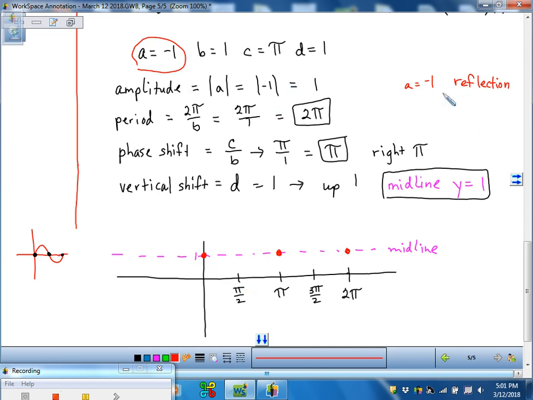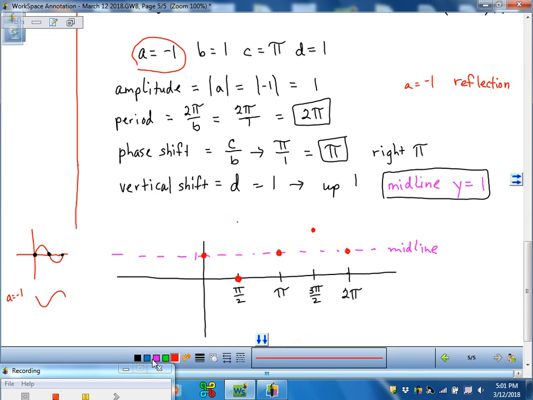So my first point is going to be down instead of up above for the amplitude. So I'm going down 1 for the amplitude, which means my next point that I'm going to put over here at 3 pi over 2 is going to be above. So this one's just kind of doing the backwards of the sine wave because it was reflected. That's what the -1 tells us to do. So it flips it upside down.